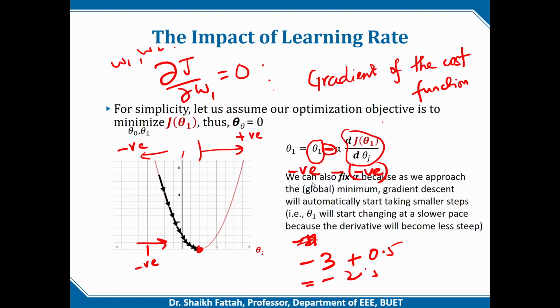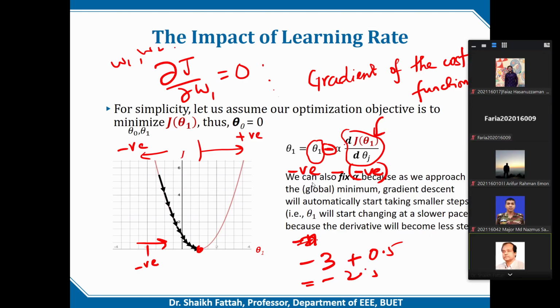But this gradient descent solution depends on this learning rate. This learning rate alpha, you can select too small or too large. If you select too small, then it requires a long time to reach your target value, the optimum solution.